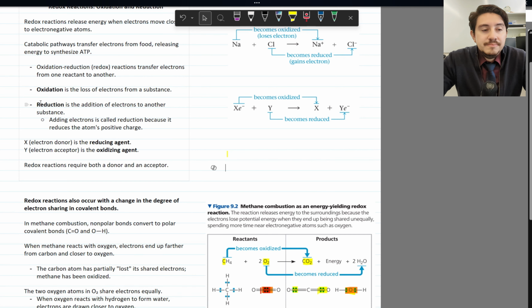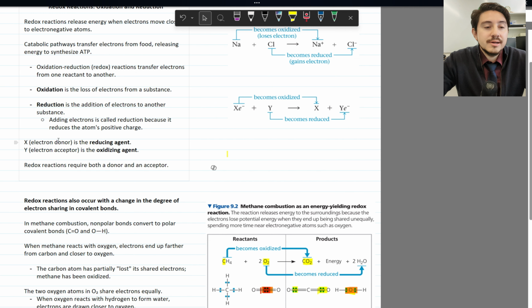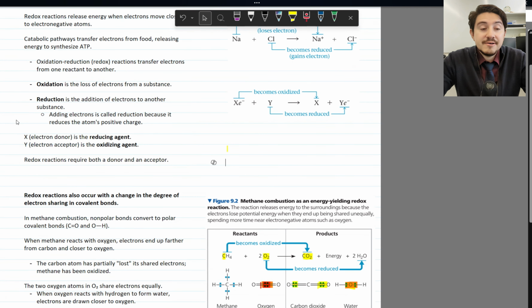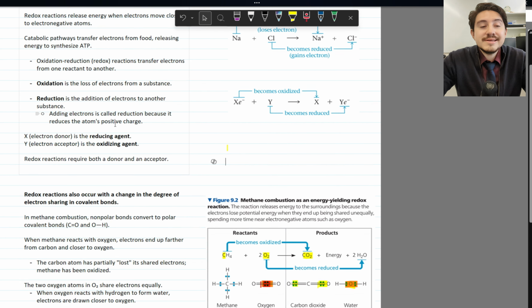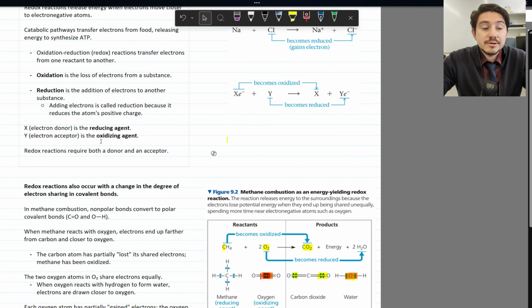Okay, they have oxidized. Reduction is the addition of electrons to another substance. Okay, so you say that those substances have become reduced. Adding electrons is called reduction because it reduces the atom's positive charge.